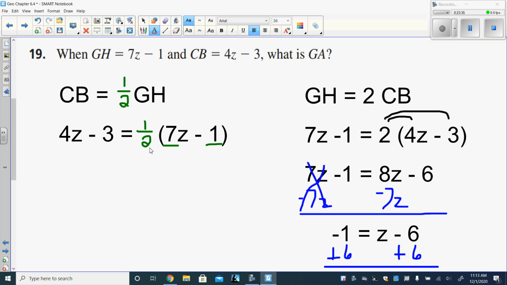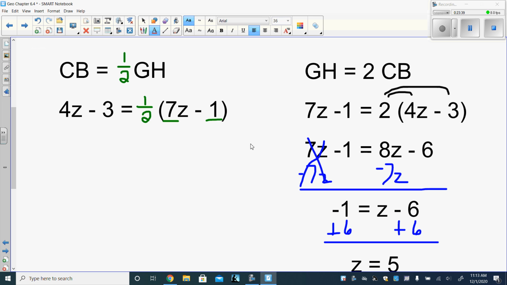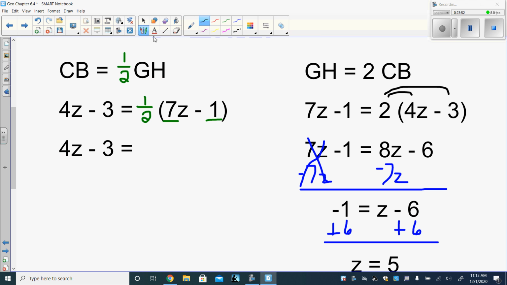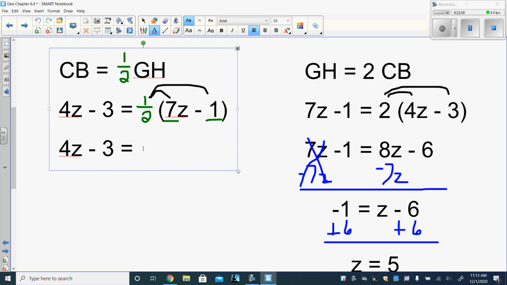Now this one here, again, I kind of left this here, 4z minus 3 equals 1/2 of 7z minus 1. Now I'm going to go on and finish this one out here. I'll show you why I didn't do this here. It's not that it won't give us the correct answer, because 4z minus 3 will still be the same. But when I distribute 1/2 times 7z and 1/2 times negative 1, we are not going to get whole numbers.